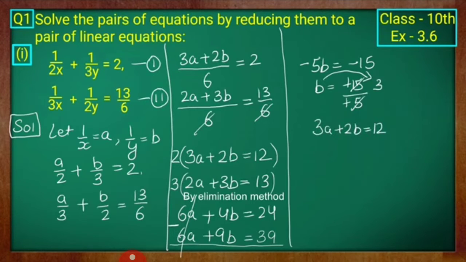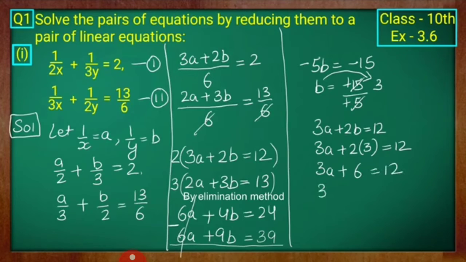Now we substitute b is equal to 3 in any equation. So I have substituted in the first equation, 3a plus 2b is equal to 12. Instead of b, you put 3. So 3a plus 2 times 3, which is 6, is equal to 12.